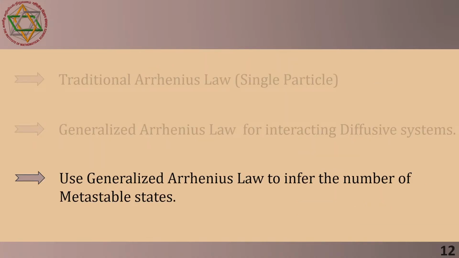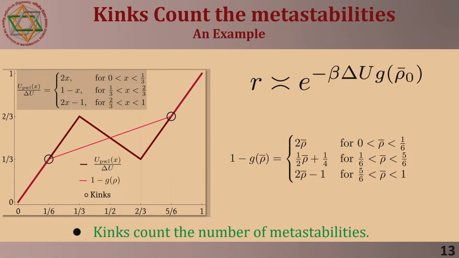With this, let me talk about how we use this generalized Arrhenius law to count the number of metastable states. Let us consider an example where the potential is a piecewise linear potential U_pwl of x, and here is the function g plotted. This g function is determined from the minimum energy configuration argument, and we can see that there are two kinks in the function g.